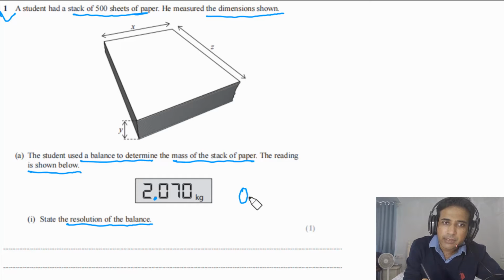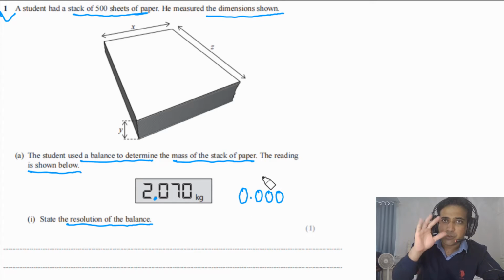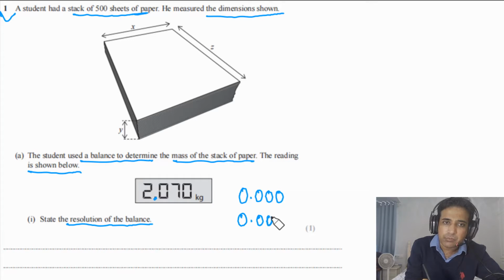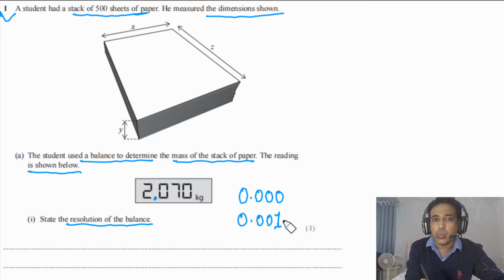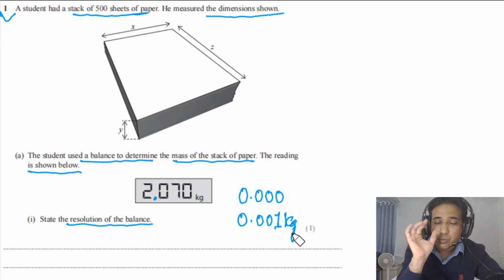It means that the smallest reading we can take with the help of this balance, when nothing is placed on it, is what we will see here. So what is the smallest reading we can take? The smallest can be 0.001 kg. So this is the resolution of this balance.